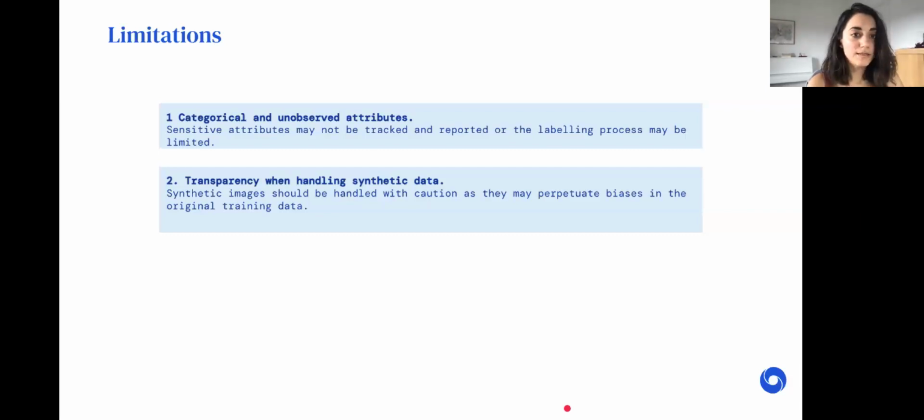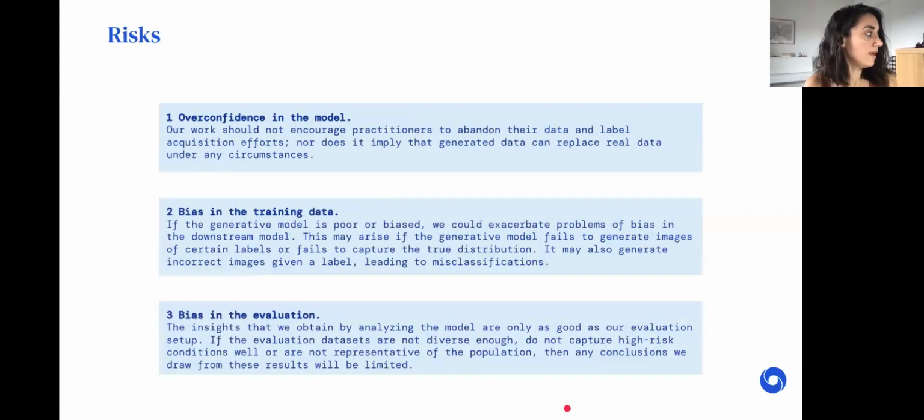For transparency in handling synthetic data, we can mitigate this by tagging and identifying when a synthetic image has been added to a database, especially when considering reusing the data set in different settings or by different practitioners. And one major risk, I guess, is overconfidence in the model, and bias in the training and the evaluation set.